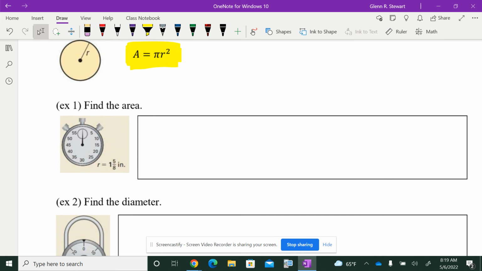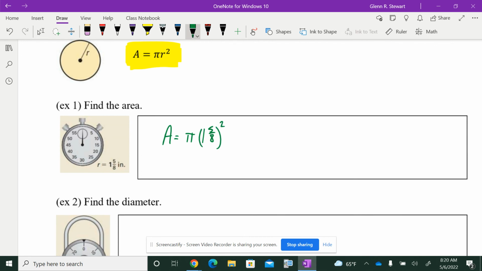So with area, we need at least the radius. In this case, it gives us the radius of this little stopwatch, and we want to find the entire area. We would just plug that in. So area is equal to pi times 1 5/8 squared.